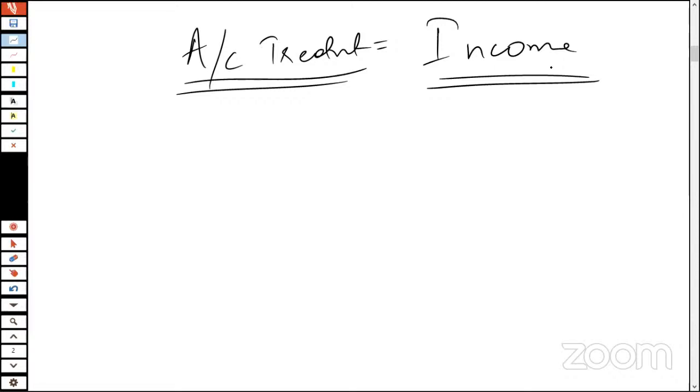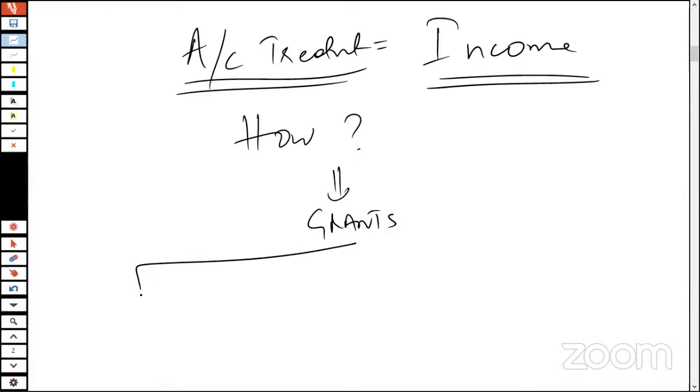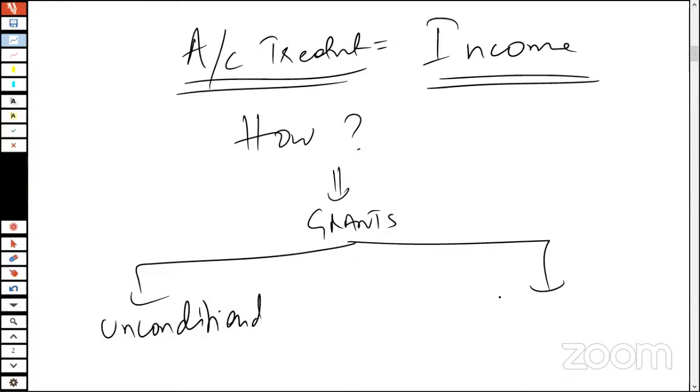Now the question that arises is how we should be recognizing these government grants as income. It depends upon whether the grants being provided to you are unconditional grants or conditional grants.